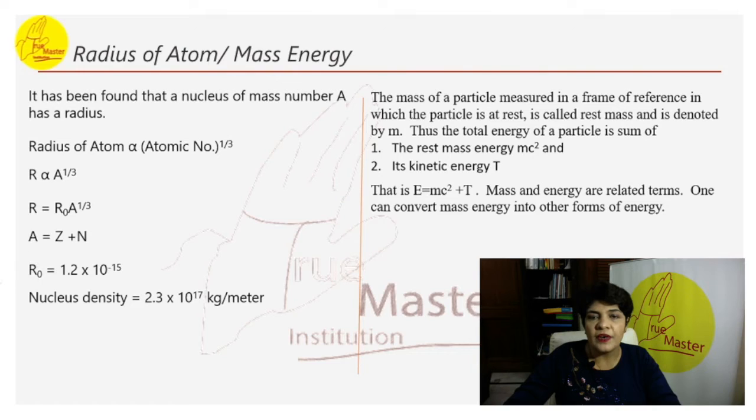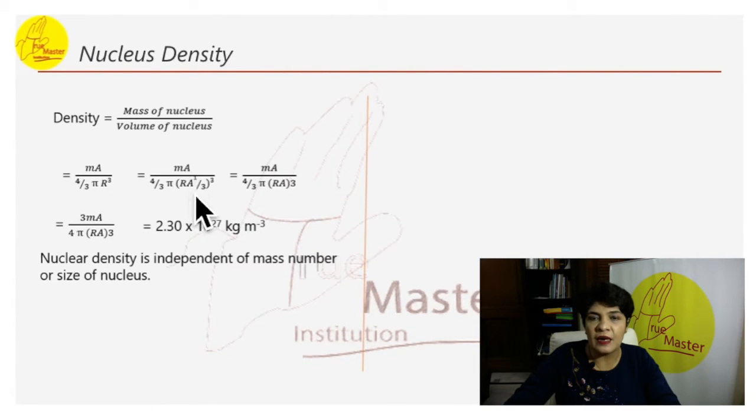Okay, so substituting the value of R here, we get mA by 4 by 3 pi R naught cube A, or we can take this 3 in the numerator and write 3m equals 4 pi R naught cube. The value when we substitute here comes out to be 2.30 into 10 to the power 17 kg per meter cube. So nuclear density is independent of mass number or size of the nucleus.